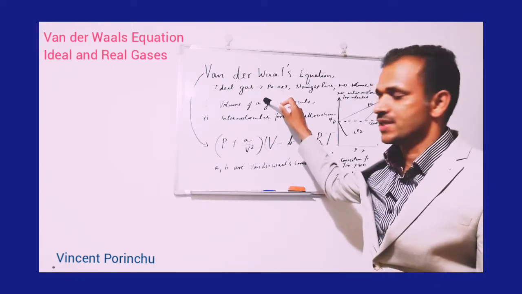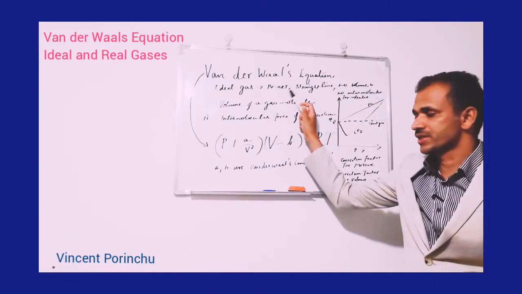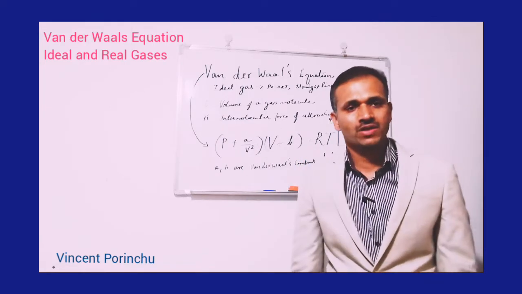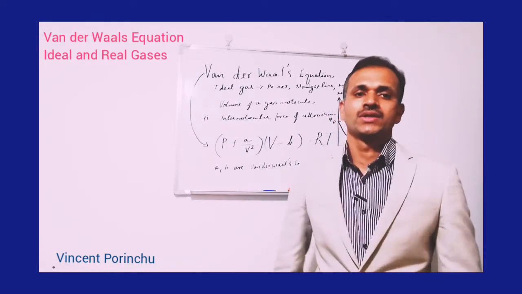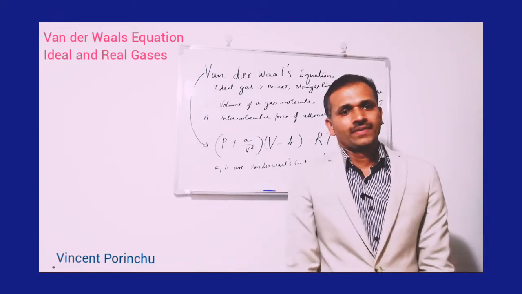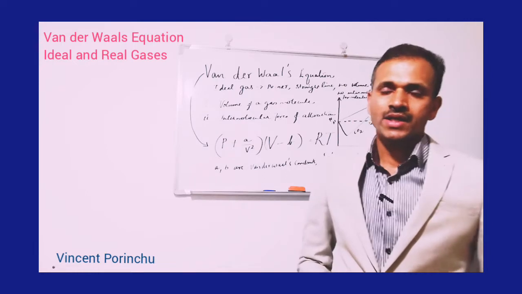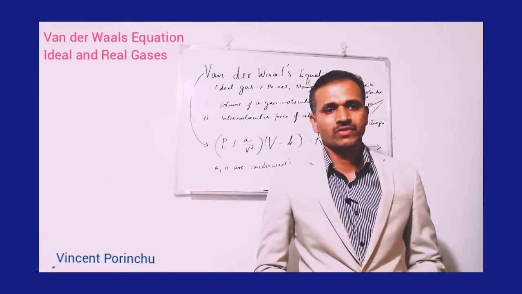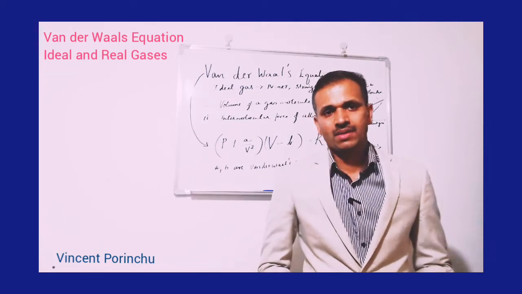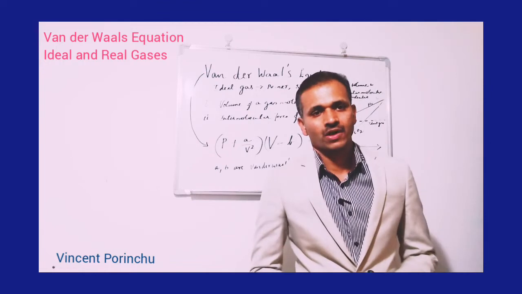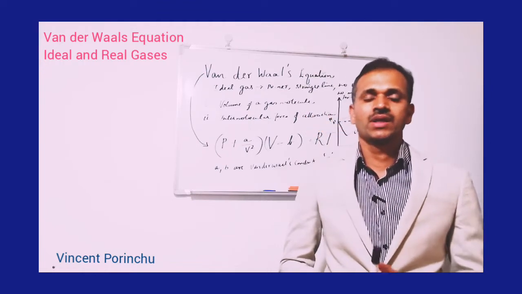But real gases do not obey that equation but obey the Van der Waals equation, P plus a by V squared, V minus b is equal to RT. Secondly, in ideal gases, there is no intermolecular force of attraction between gas molecules. But in real gases, there is a certain amount of intermolecular force of attraction between gas molecules.